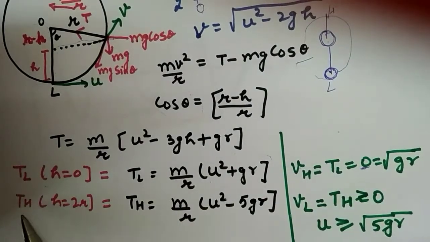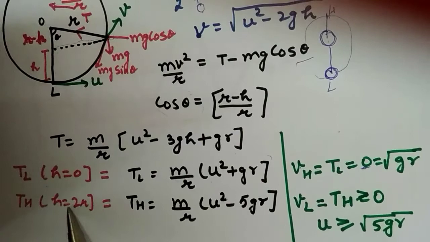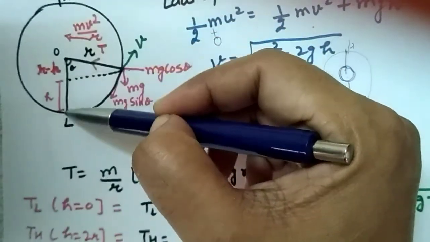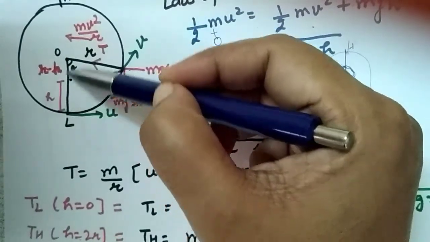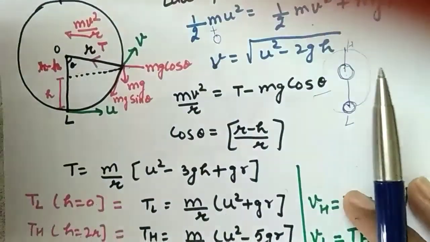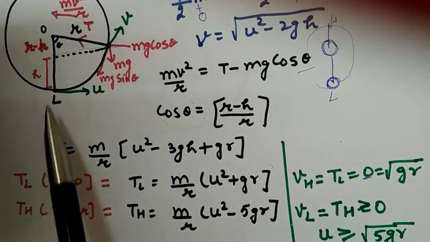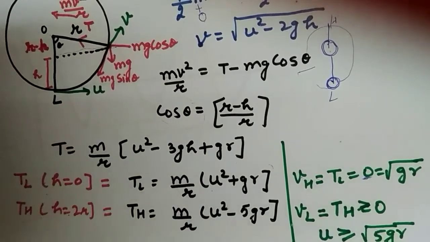In the same way, when you are at the highest point, the total height is 2 times r. You can see very clearly that at the highest point, this is the diameter of the circle, so that is 2 times r. So at the highest point, the value of tension will be m by r into u square minus 5gr, and the tension at the highest point tells me the value which I require at the lowest point so that I don't fall and die in the death well.